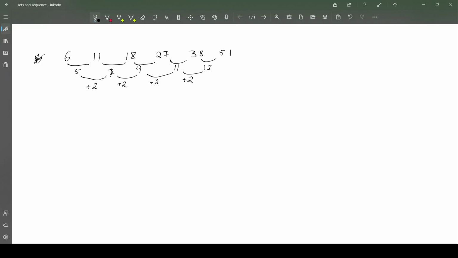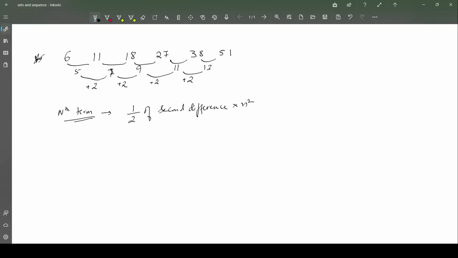Then I have a formula to find the nth term as well as the next term. Let's say I want to find the nth term first. How to do this? You have to use this method. You have to write half of the second difference into n square.